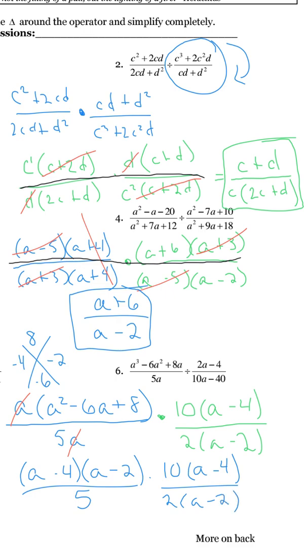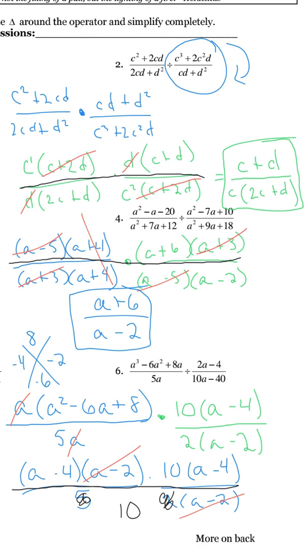Now we'll make one big fraction and cancel any matches. A minus 2 cancels across. What about a minus 4? They're both on the top. Do we cancel things on the same side? No. They only cancel if they're across from each other. So take a look on the bottom. We're multiplying 5 and 2 together. 5 and 2 multiplied together will make 10.